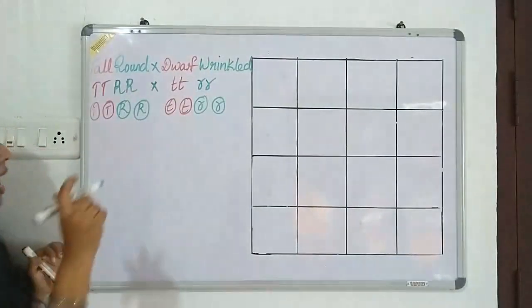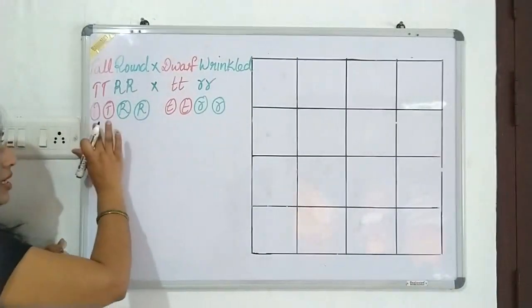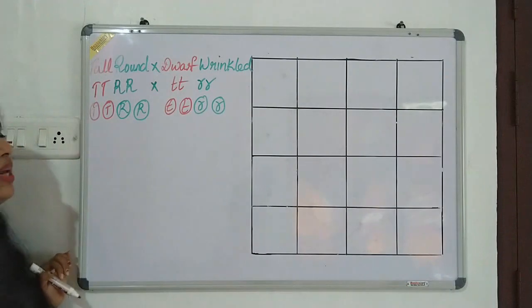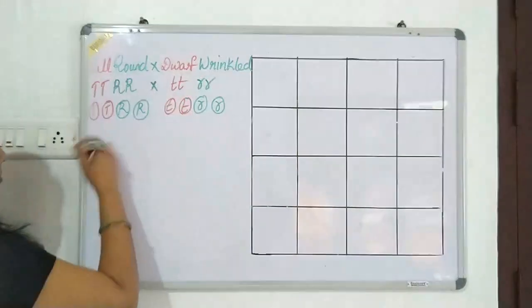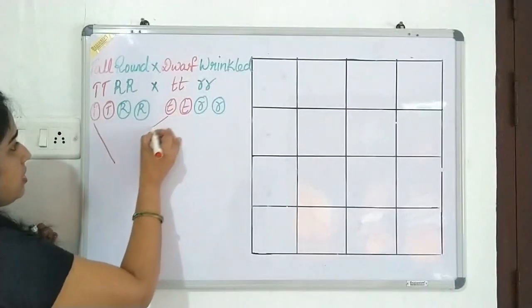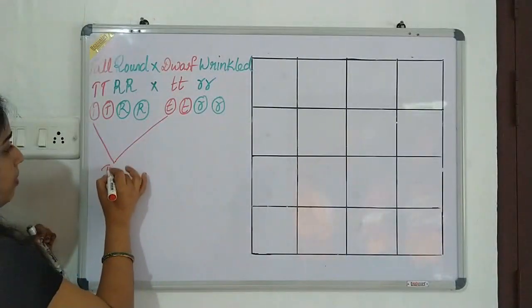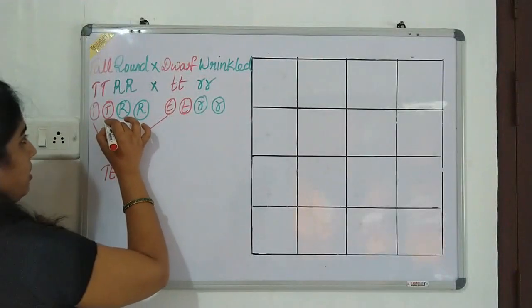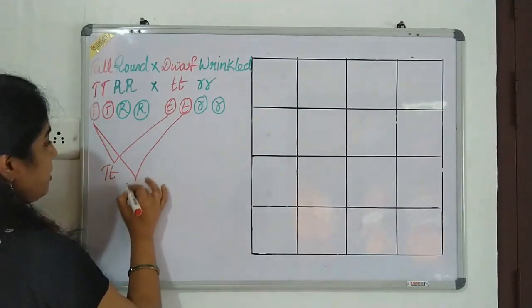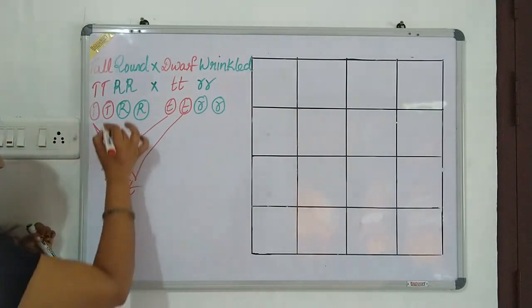Separation takes place and 4 gametes are formed. Here 2 capital T and here R. So now we can cross these 2. See, this T, what is formed? Capital T, small t, and this T again combined with this, what is formed? Only one combination.